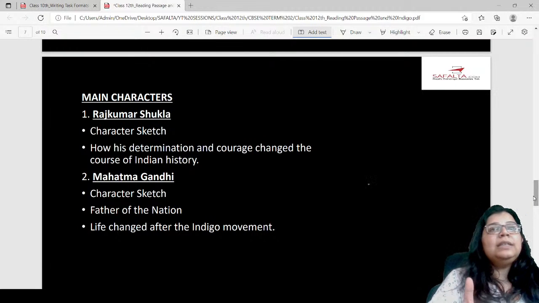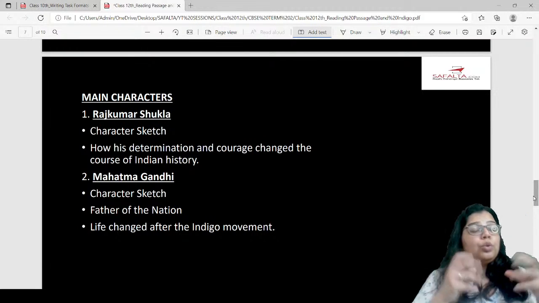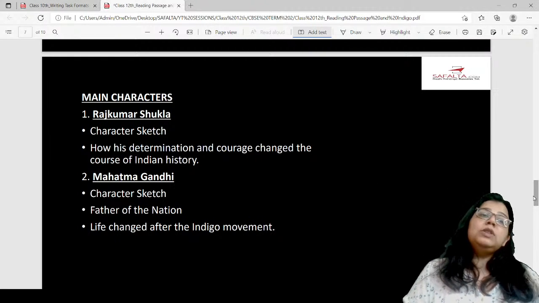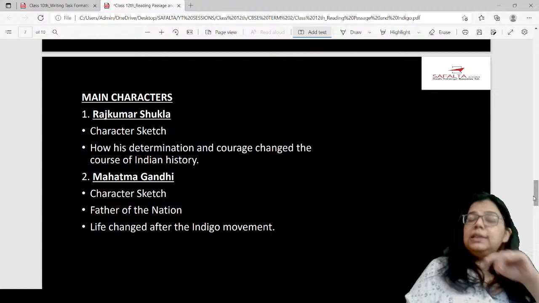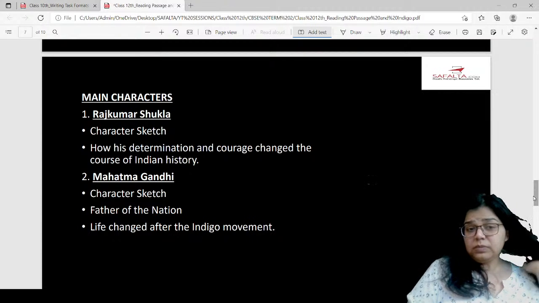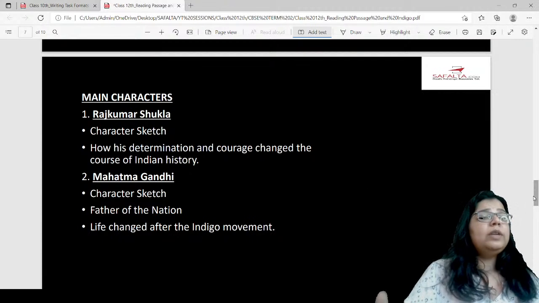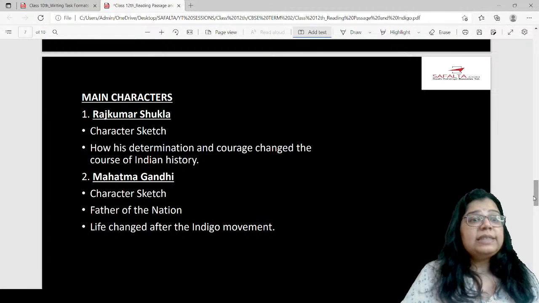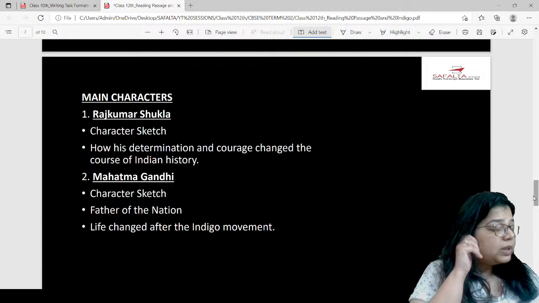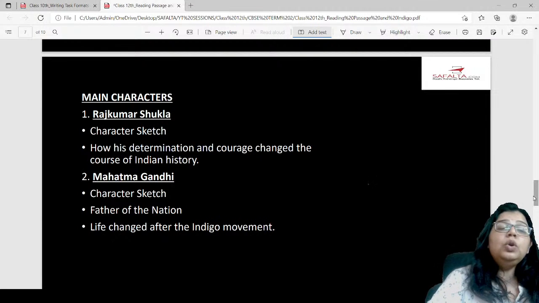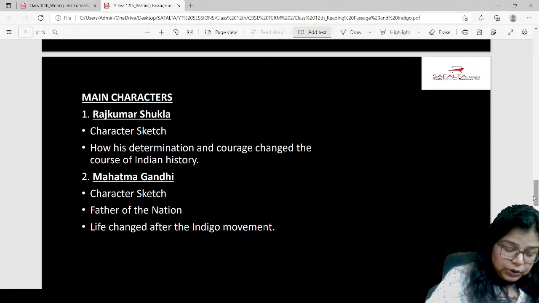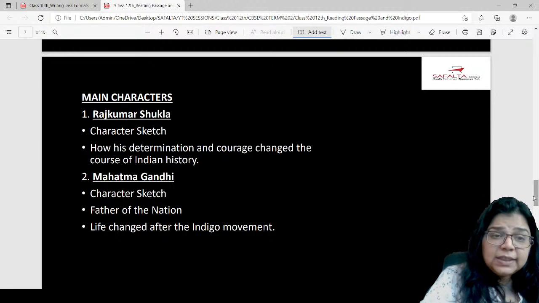So the character sketch of Rajkumar Shukla and what role he played in this movement is very important, because he was the first man who convinced Mahatma Gandhi to actually come to Champaran and at least have a look at whatever was happening. And once Mahatma Gandhi went there, he realized that yes, the people of Champaran, of Motihari needed a lot of help. So it was Rajkumar Shukla who galvanized the whole movement.